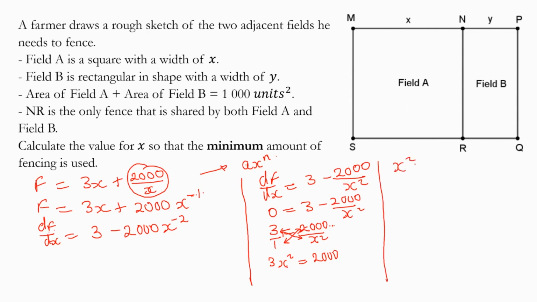So x squared is equal to 2000 divided by 3. Then square root both sides. Therefore x is equal to the square root of 2000 over 3, which is x equal to 25.82 units.